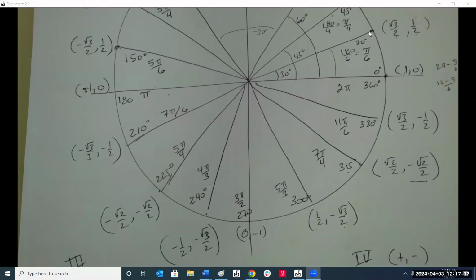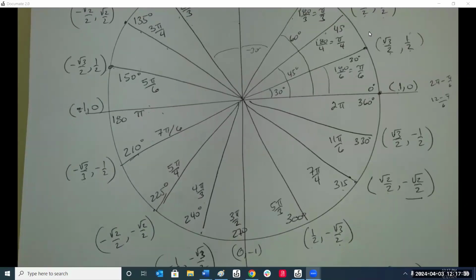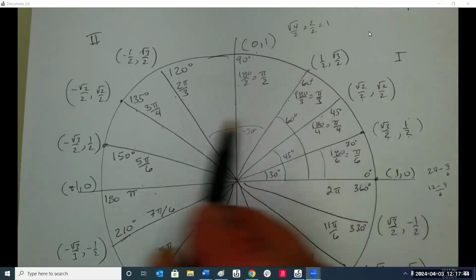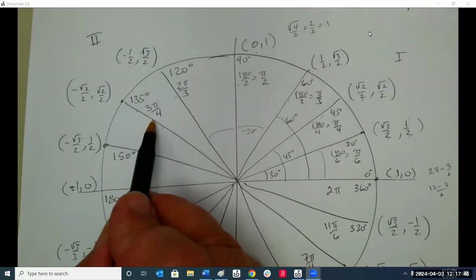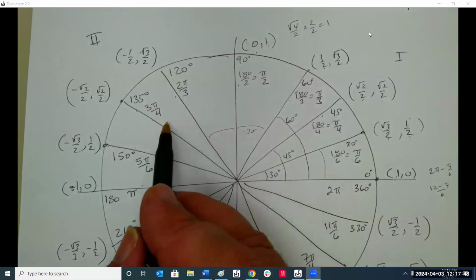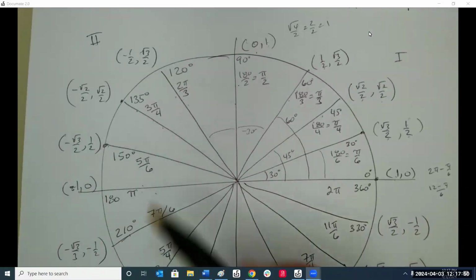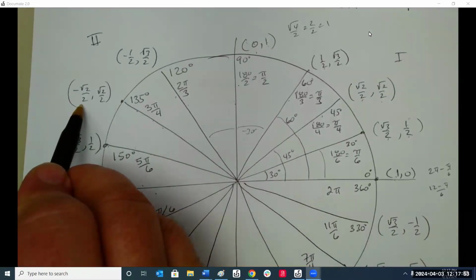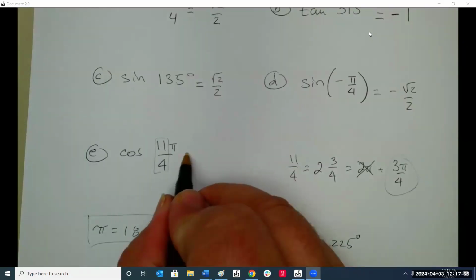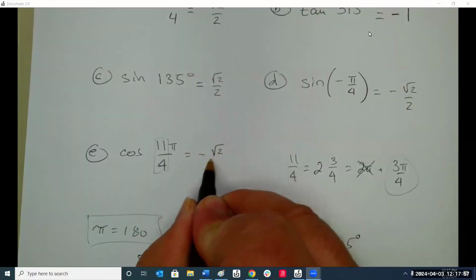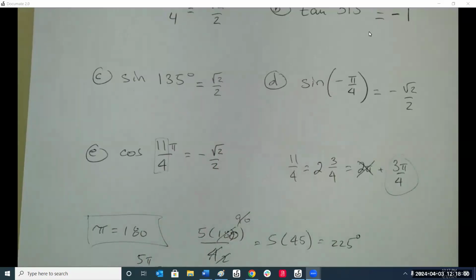Where is 3 pi over 4? In quadrant 2. And it's looking for cosine, which makes it the negative value in the second quadrant. So far, so good? Okay, those are dealing with angles and degrees and everything else we're looking at.